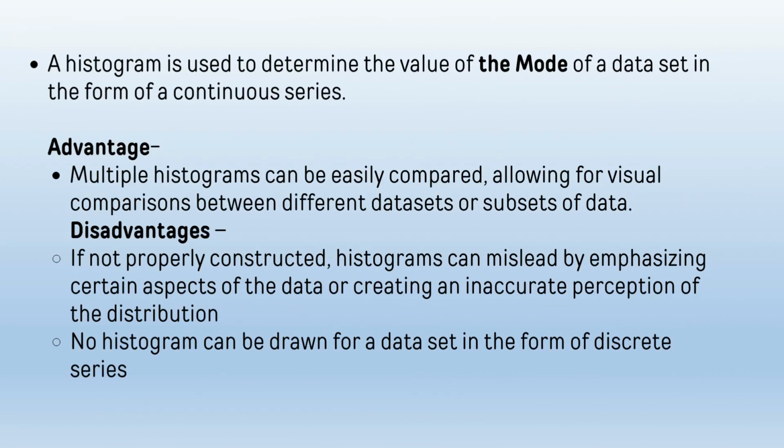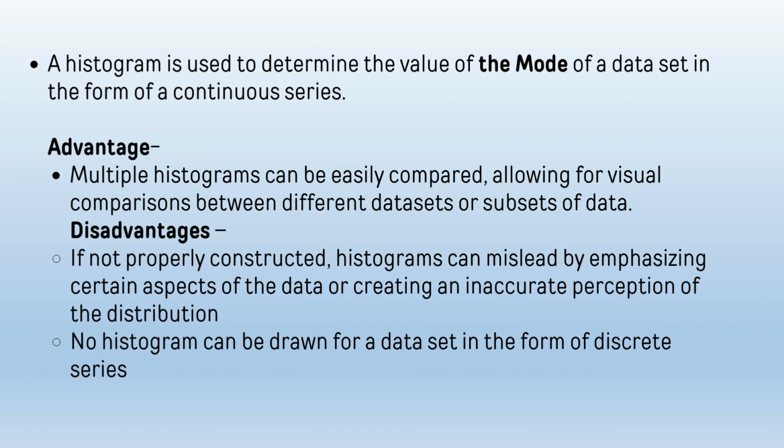Now let's talk about the merits and demerits of the histogram. Merit of the histogram: multiple histograms can easily be compared, allowing for visual comparison between different datasets or subsets of data.